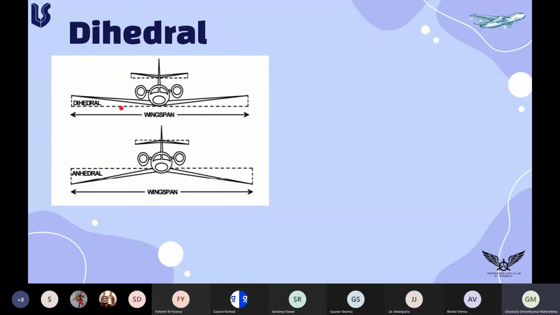This is called the dihedral angle. The horizontal stabilizer is inclined the same way. In the lower figure, the wing is slightly tilted downward, so it's called an anhedral angle. So this is the concept of dihedral and anhedral angles.